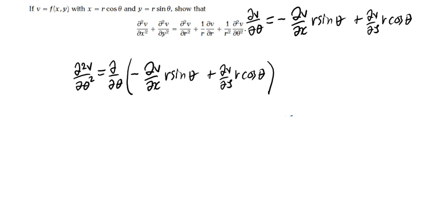This is just a product rule. First of all, I'll keep this one as a constant, then I differentiate this one with respect to theta. This is going to be minus second partial of v, then partial of theta, partial of x. It's a mixed partial.